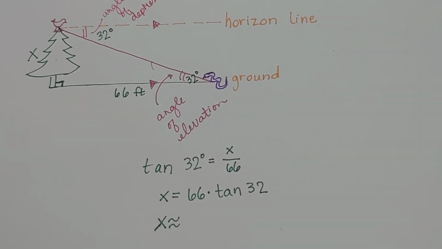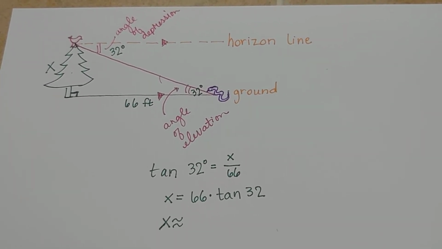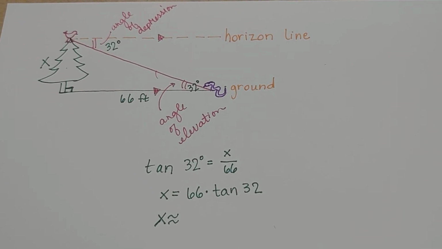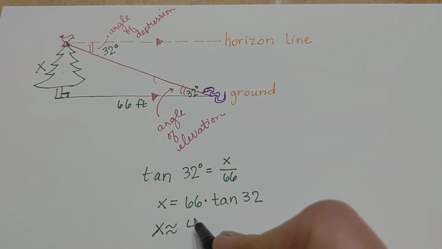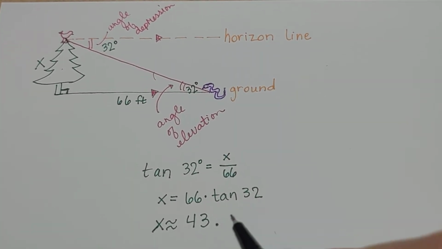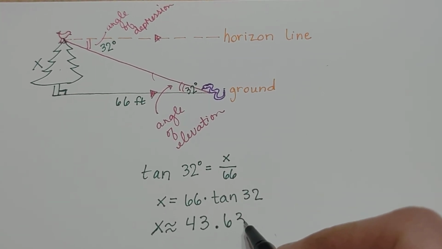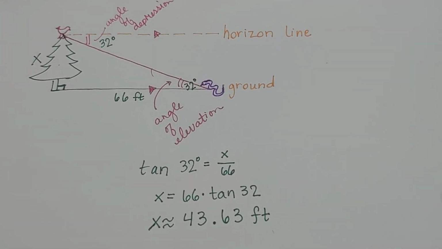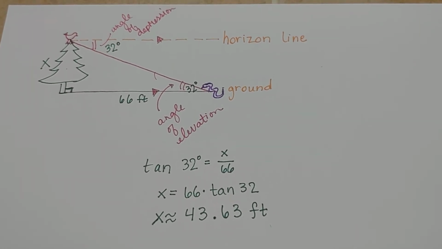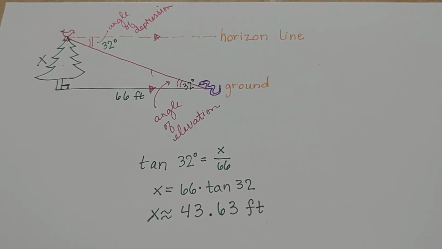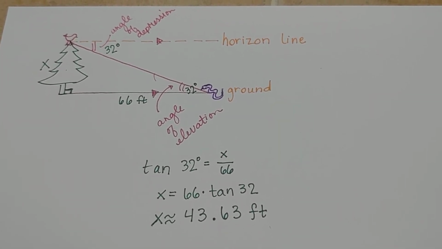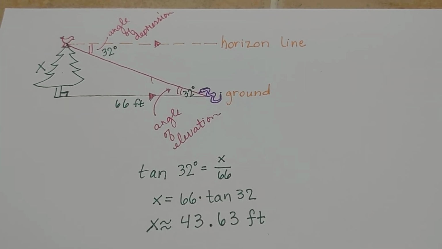Again, pause the video if you need to in order to see if you can get to the solution before me. But when I put it in my calculator, it is 43.63 feet tall. So the tree is 43 feet and 63 hundredths of a foot.